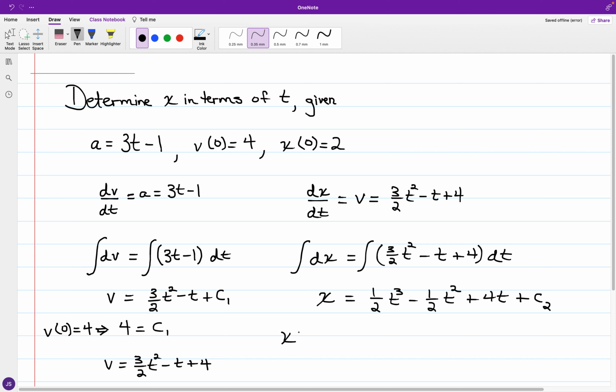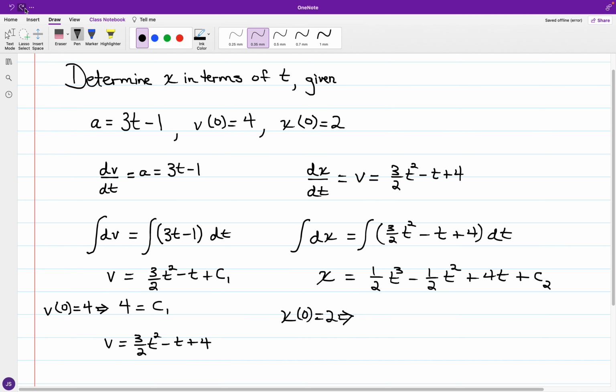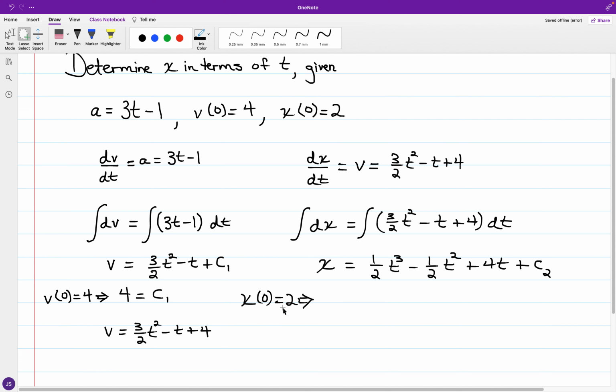Again, creating the pathway, we utilize the condition laid out for the distance at time 0, which is equal to 2. And for what we have in the setup, once again we have x naught equal to 2, and substituting accordingly, x is equal to 2, and t is 0.